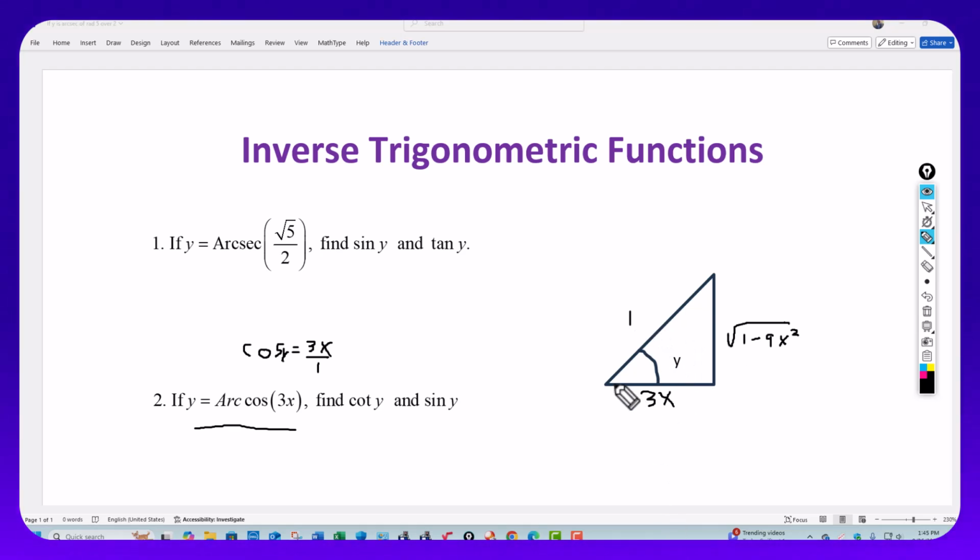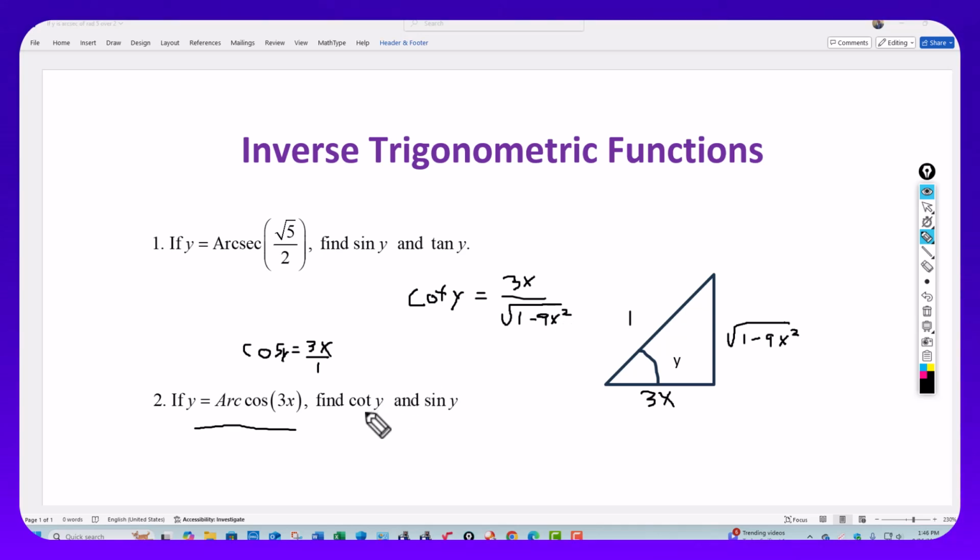So from this triangle, you can determine that the cotangent of y is equal to the adjacent side, the opposite of what the tangent is. So this would be the adjacent side, which is 3x, over the opposite side. This is the square root of 1 minus 9x squared.